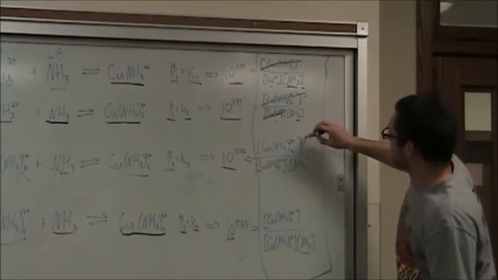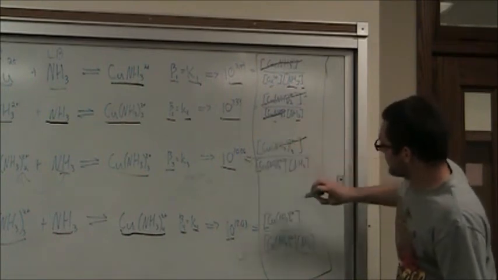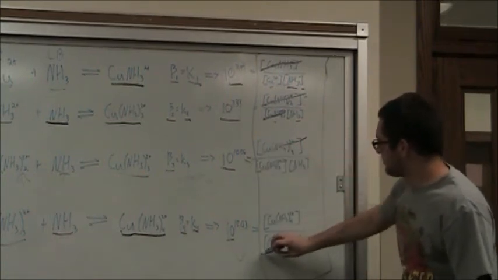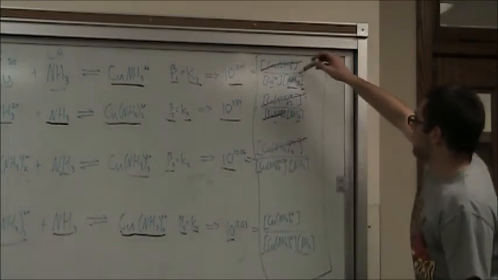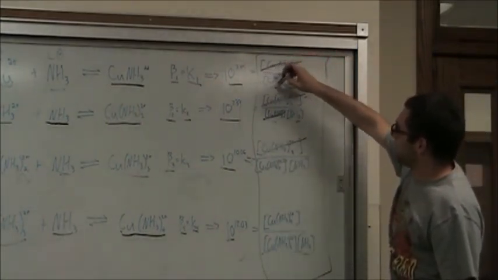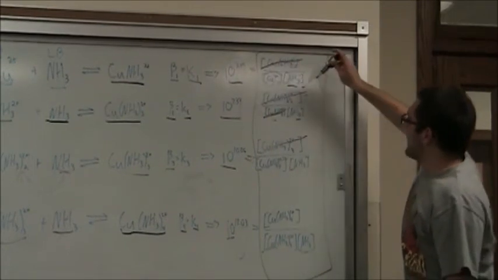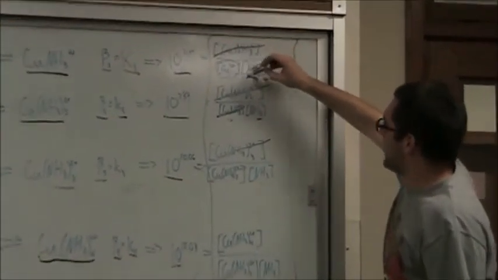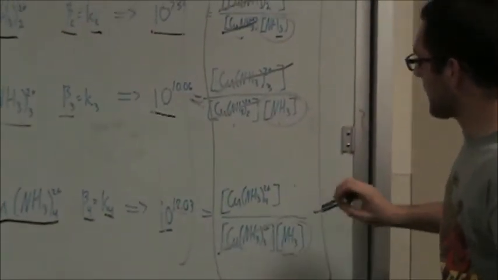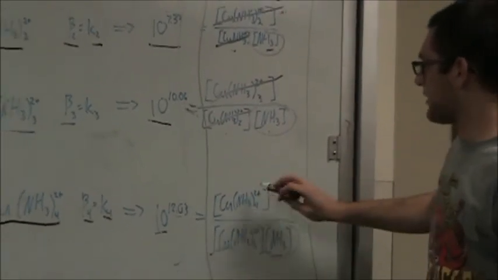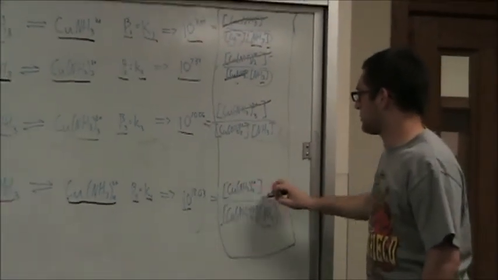Your copper ammonia 3 is going to cancel out with the copper ammonia 3 on the bottom of this one. And then your only things left are your 1 copper ion concentration here, and then your NH3 in each one of the 4. So then this is going to be NH3 to the 4th. And your final product, which is the copper ammonia.